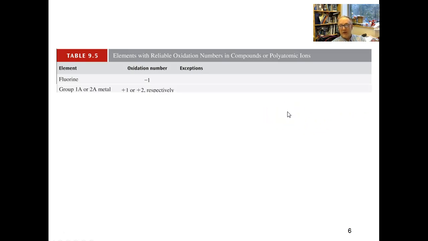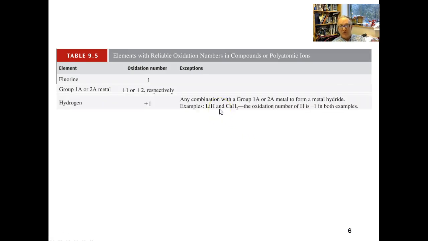The group 1A and 2A metals we just talked about will always be +1 or +2 respectively. Hydrogen can either be +1 or -1. With another nonmetal, it's always going to be +1. However, if it's with a metal, it's going to be -1.